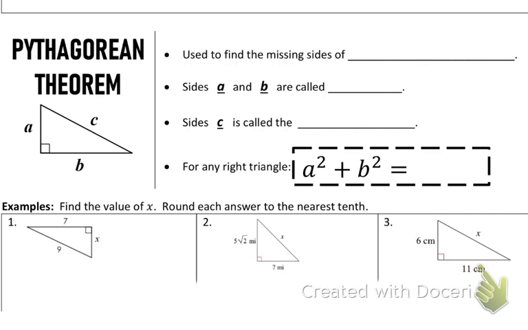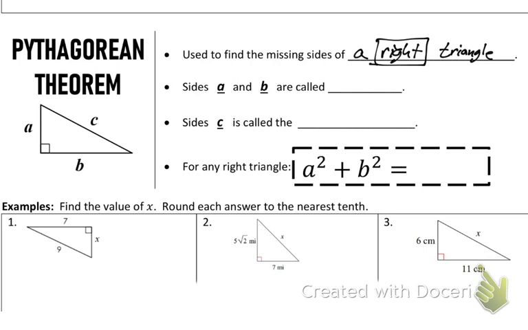So it says, use to find the missing sides of a right, and I'm going to box that in, triangle. So when you have a right triangle, you have a very specific side that's longer than the other, and that's our C. But let's talk about A and B first.